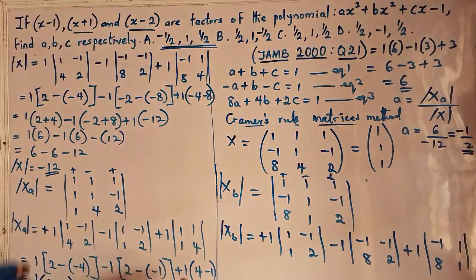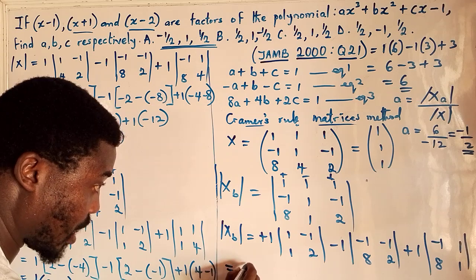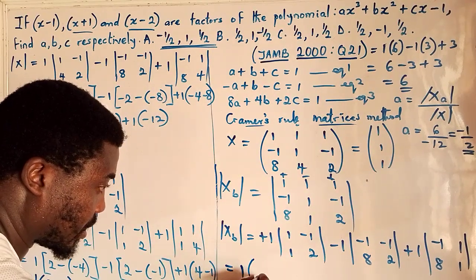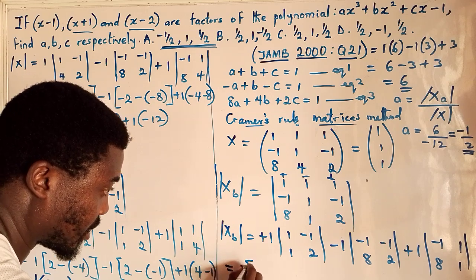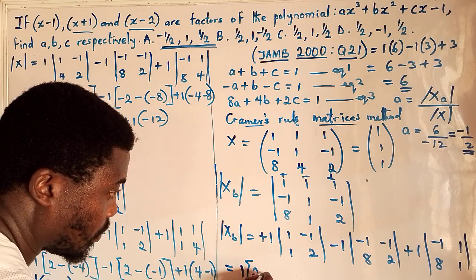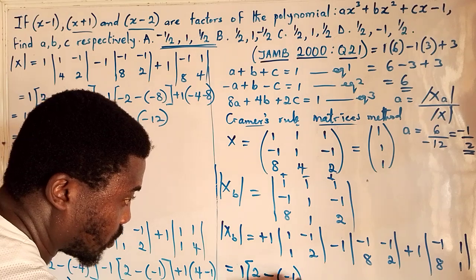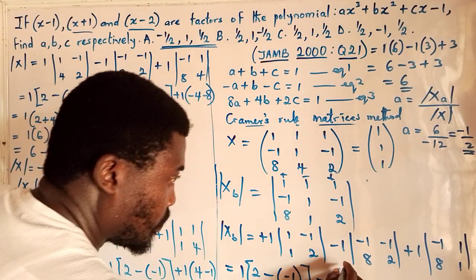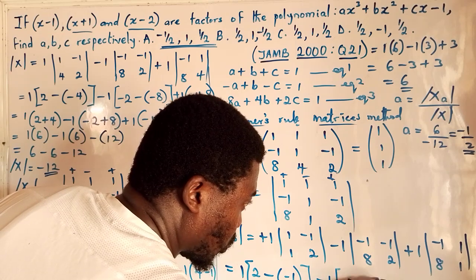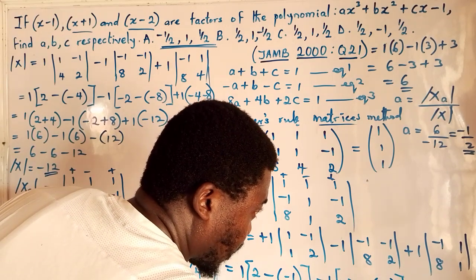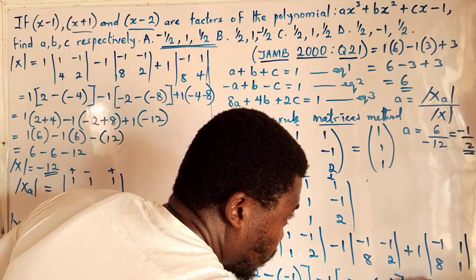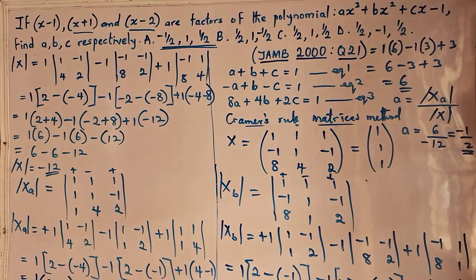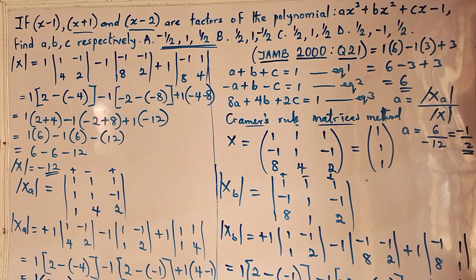So we have plus 1 open big bracket 2 minus open bracket minus 1 close big bracket, minus 1 open big bracket minus 2 minus open bracket minus 8 close big bracket, plus 1 open bracket minus 1 minus 8.